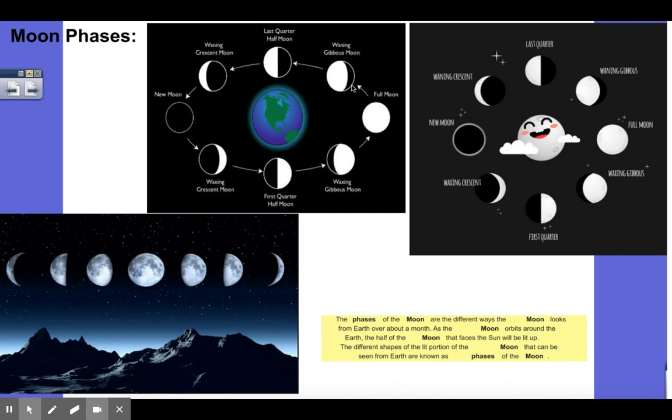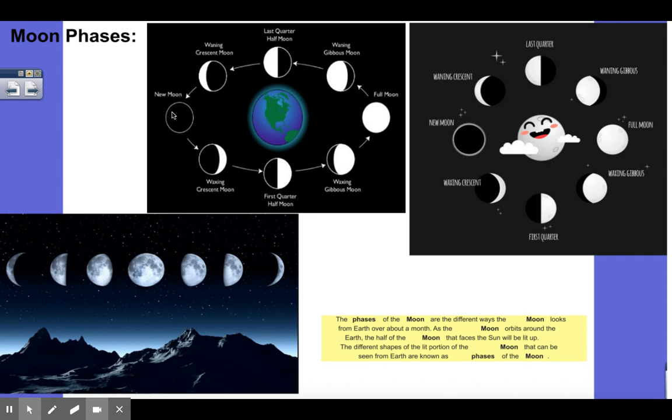Then we wane off to get to the new moon. Waxing crescent, first quarter, waxing gibbous. Gibbous, you can look that word up if you'd like, till the full moon. And then it repeats backwards, the waning gibbous, the last quarter, the waning crescent, back to a new moon.